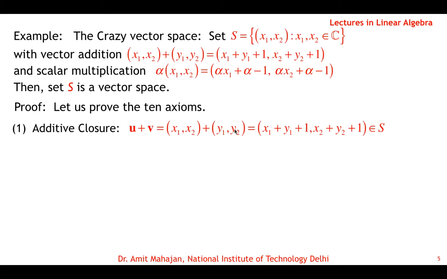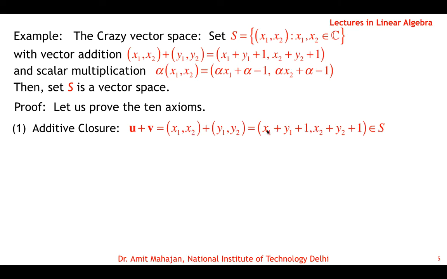So the rule of vector addition says that if you add two vectors of this form, then this is the result: the first element plus first element plus 1, and second element plus second element plus 1.